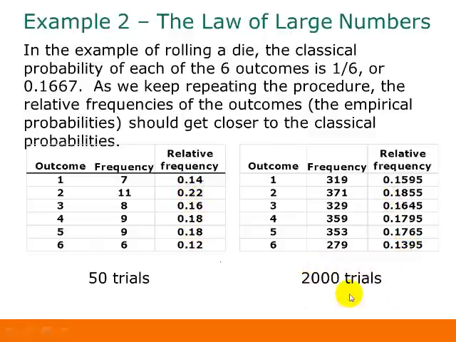So again, as we repeat the procedure, if we kept repeating this and got up to 10,000 trials or 50,000 trials, the law of large numbers tells us that these relative frequencies would get closer and closer to our classical probability of 0.1667.